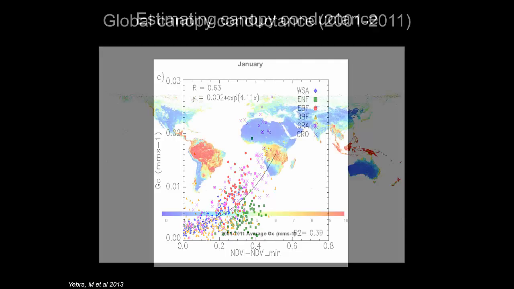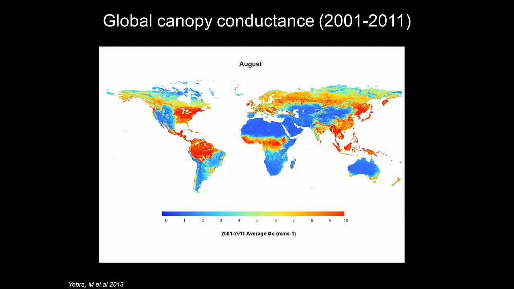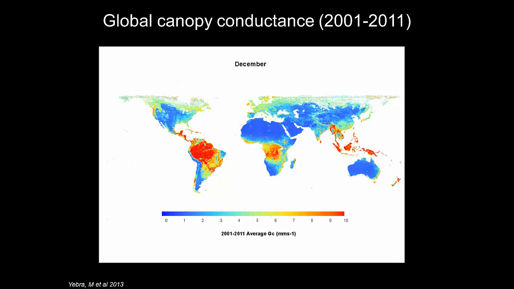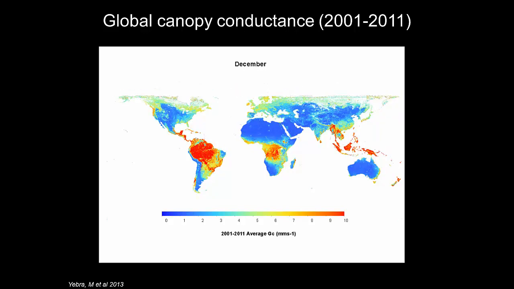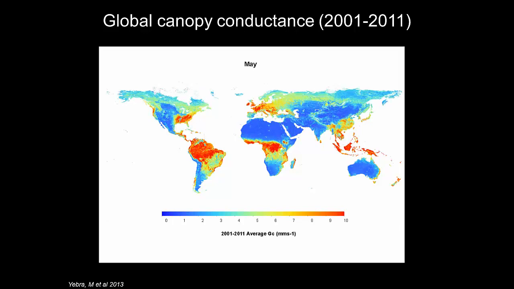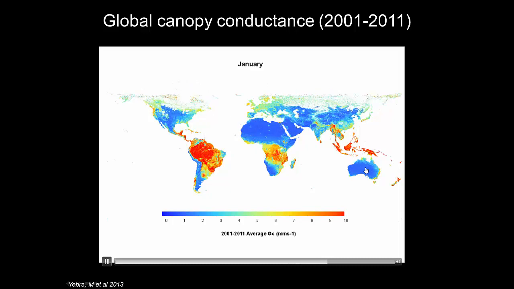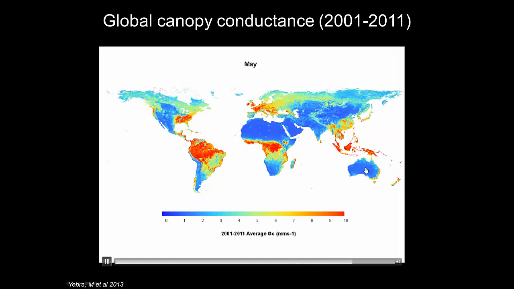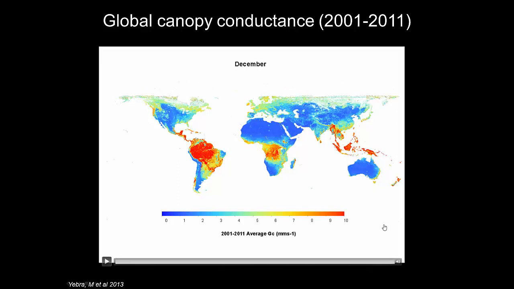And then we applied these equations to MODIS data to get global maps of canopy conductance. As you can see in this animation, canopy conductance is highest for tropical rainforests, lowest for arid areas represented in blue, and intermediate for temperate and boreal forests, as you can see by the green and yellow colors.